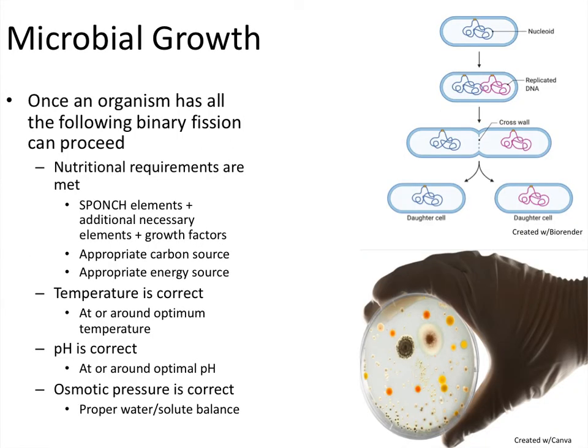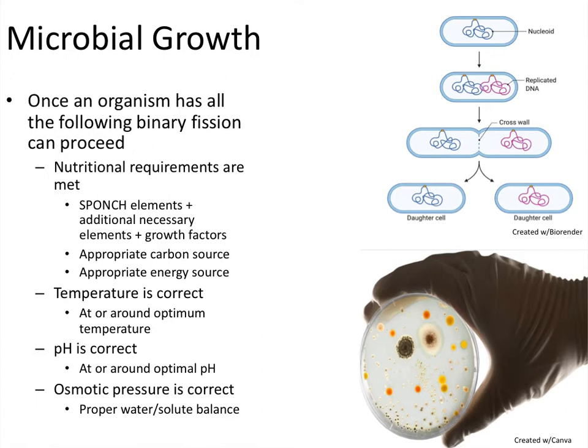Once an organism has everything it needs, like its macronutrients, its micronutrients, the temperature is correct, it has enough electron donors, the right carbon source, osmolarity is correct. Basically, once everything is right in its environment, it can start to grow. And if you'll recall from an earlier lecture, the process that prokaryotes use to grow is called binary fission.